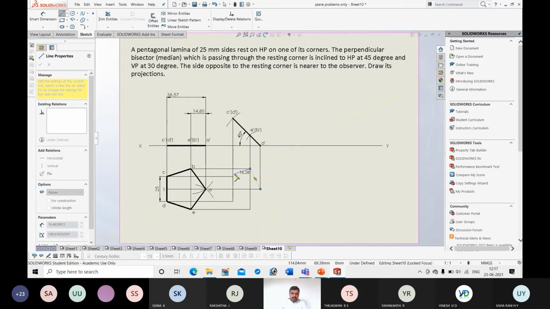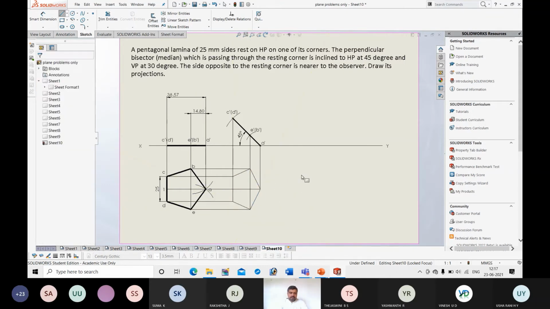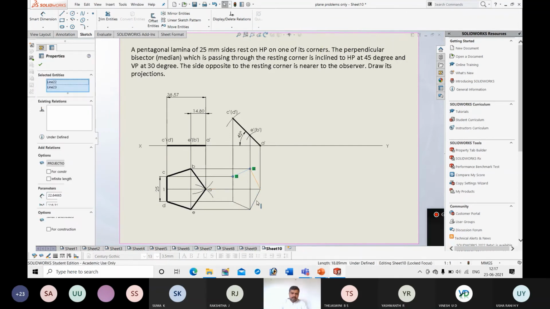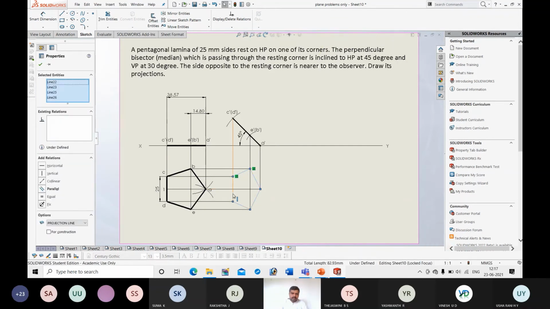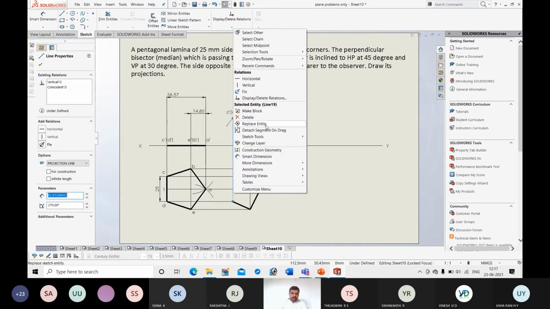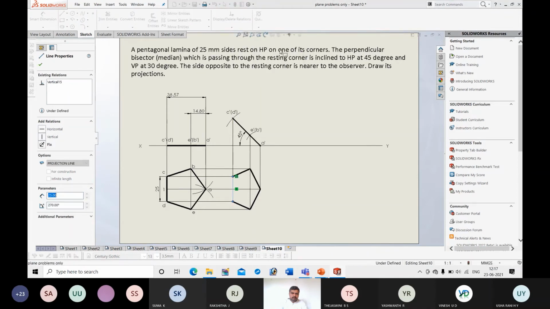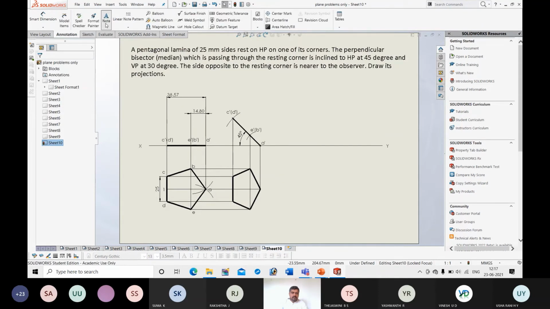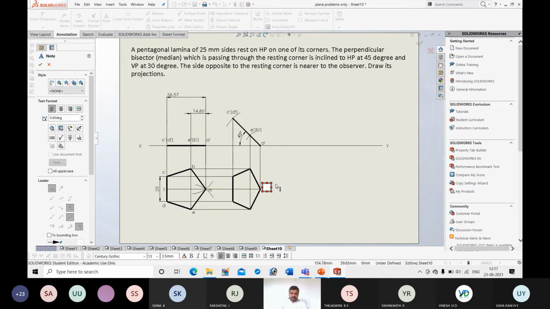A to B, B to C, C to D. Then I will increase the thickness. So I will name these points. Only A, not A dash.